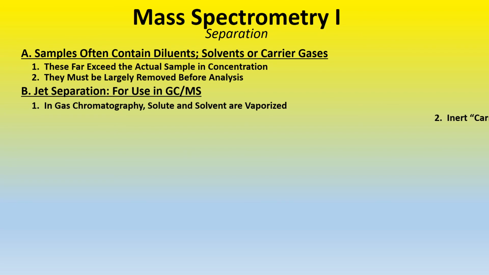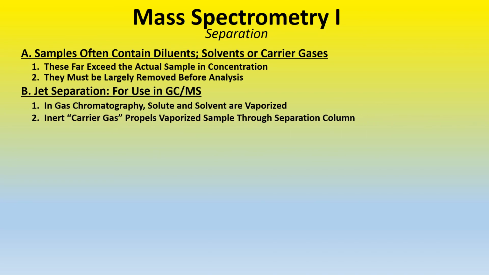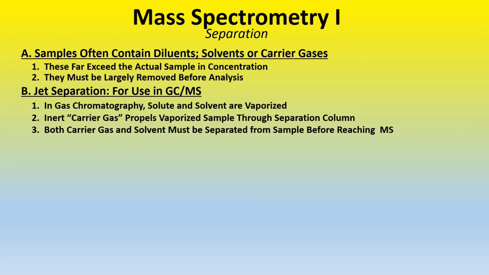An inert carrier gas, usually helium, propels this vaporized sample through the separation column. So after separation, both carrier gas and solvent have to be separated from the sample before you can get an accurate mass reading.